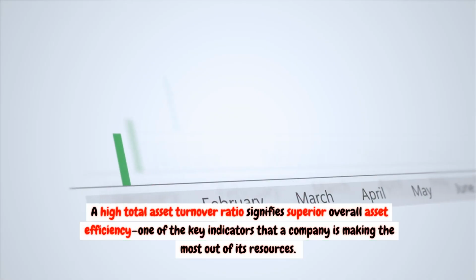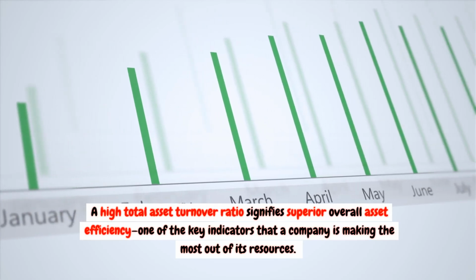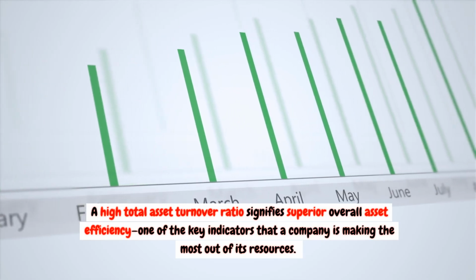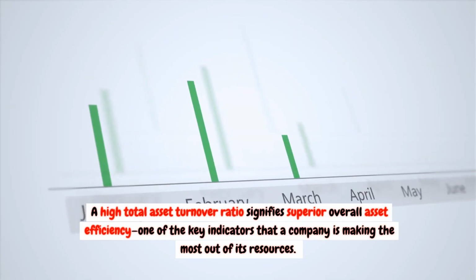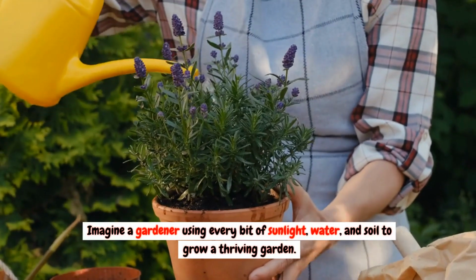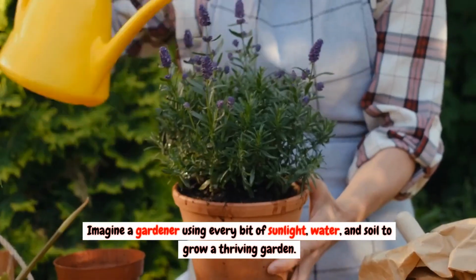A high total asset turnover ratio signifies superior overall asset efficiency, one of the key indicators that a company is making the most out of its resources. Imagine a gardener using every bit of sunlight, water and soil to grow a thriving garden.